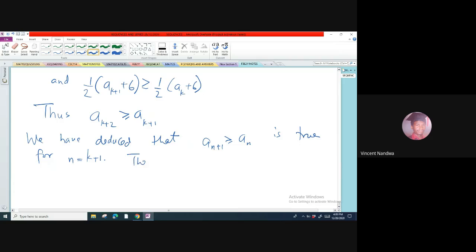So therefore, the inequality is true for all n by mathematical induction.